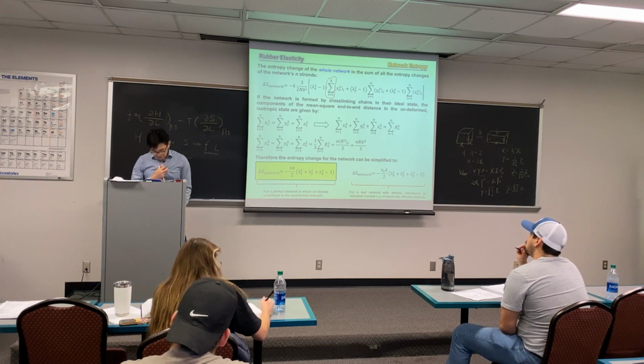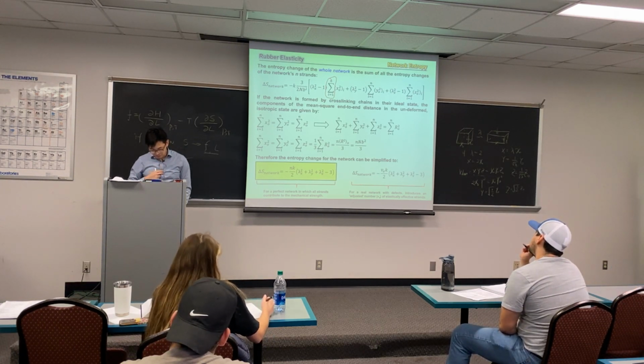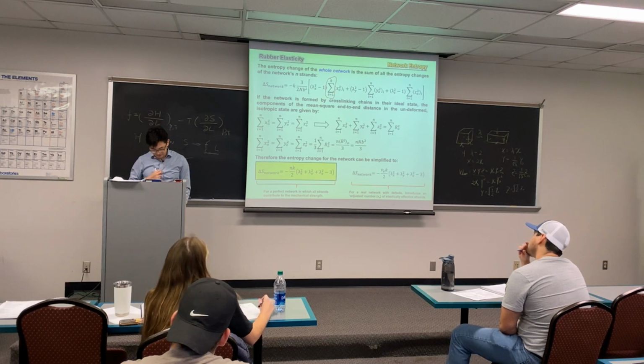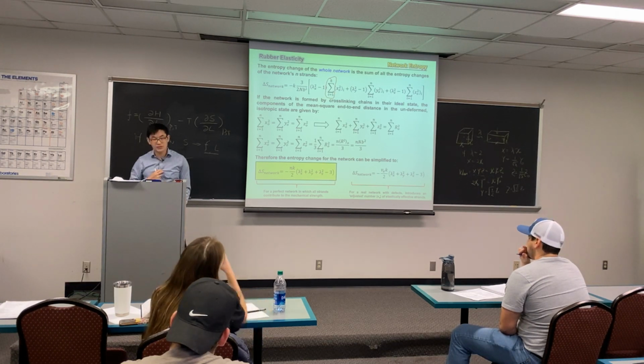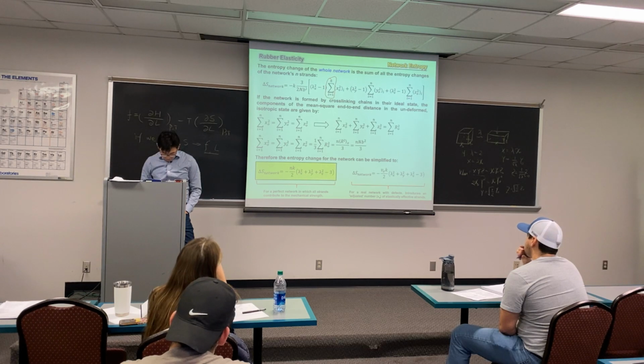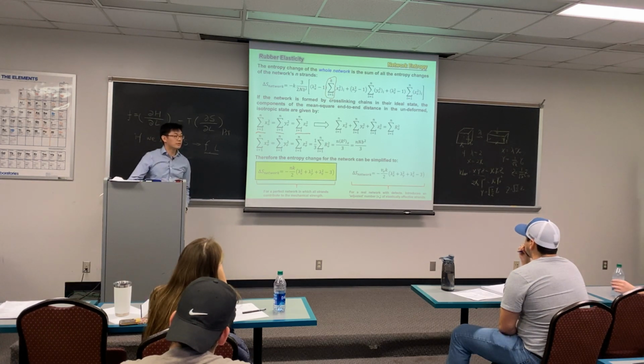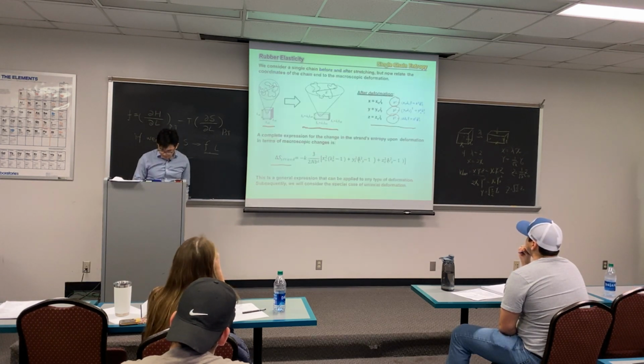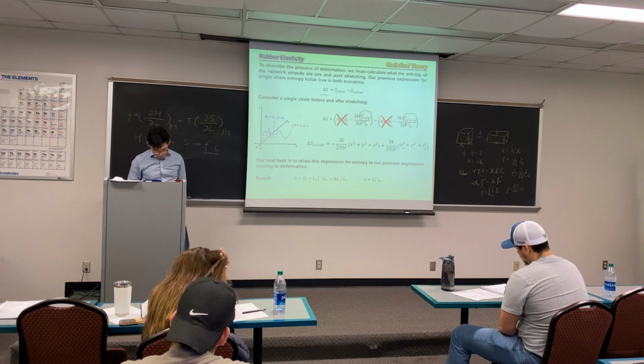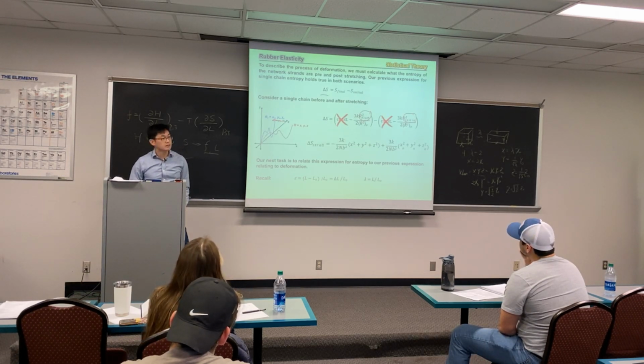Well, we also made an assumption that all the polymers are isotropic. Isotropic means basically we think in the initial state, all the changes in the x0, y0, and z0 direction, initially, will be equal at x, y, and z.